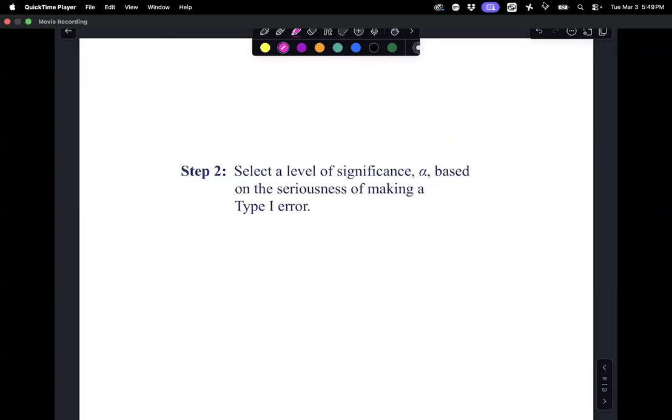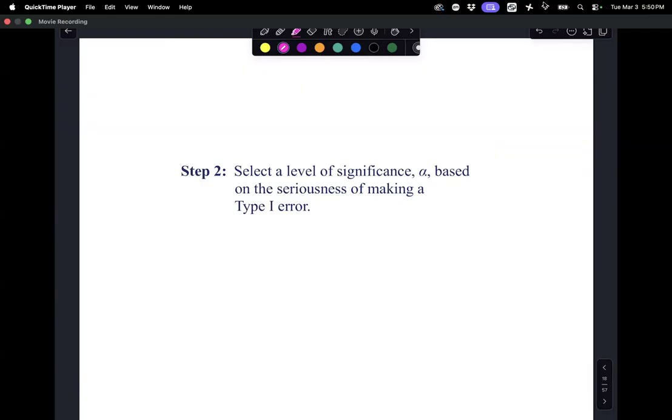Okay. This says for you to select this level of significance based on the seriousness of making a type 1 error. Basically, this means how badly will this thing be messed up if I reject the null hypothesis? Is it going to be really bad if I reject the null hypothesis when I shouldn't? Is that going to be terrible? That's how you determine what level of significance you're going to use, your alpha.